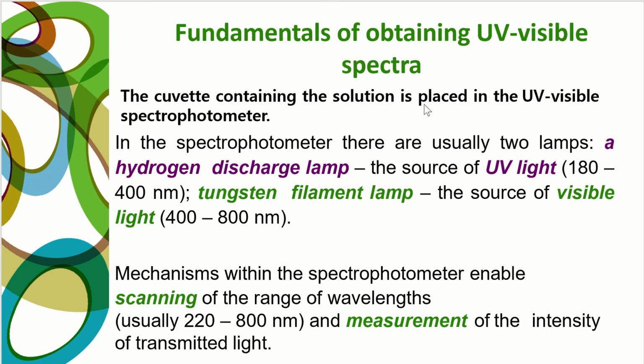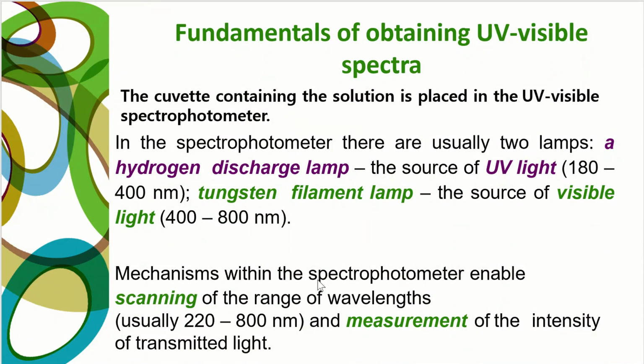All right, so the cuvette containing the solution is placed in the UV-VIS spectrophotometer. In the spectrophotometer, there are usually two lamps, one as a source for UV light and the other as a source for visible light. The hydrogen discharge lamp is usually the source of the UV light, 180 to 400 nanometers, and the tungsten filament lamp is usually the source for the visible light, that is 400 to 800 nanometers.